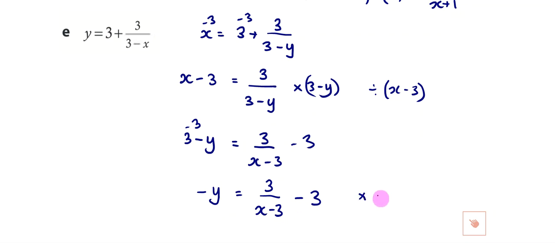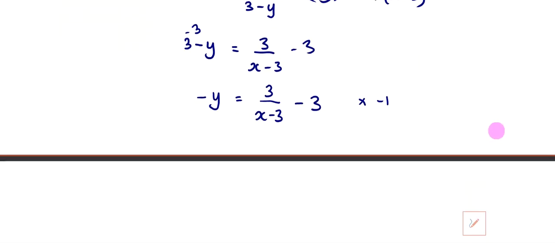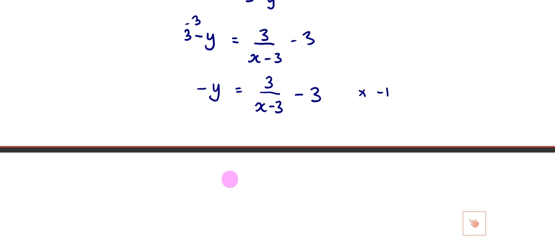Multiply by negative 1. Or divide by negative 1, either way. And you get y equals 3 minus 3 over x minus 3. Okay.